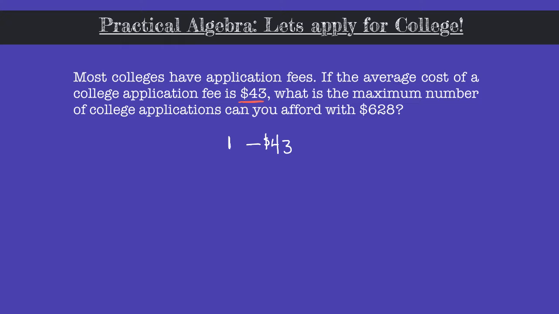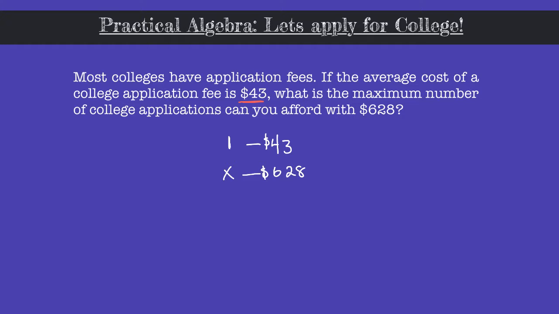Well, in my relationship below, the money goes on the right-hand side, so $628. And I don't know how many applications I can afford. Looking at this relationship and these ratios, for every one application I spend $43, how many can I afford if I spend $628?